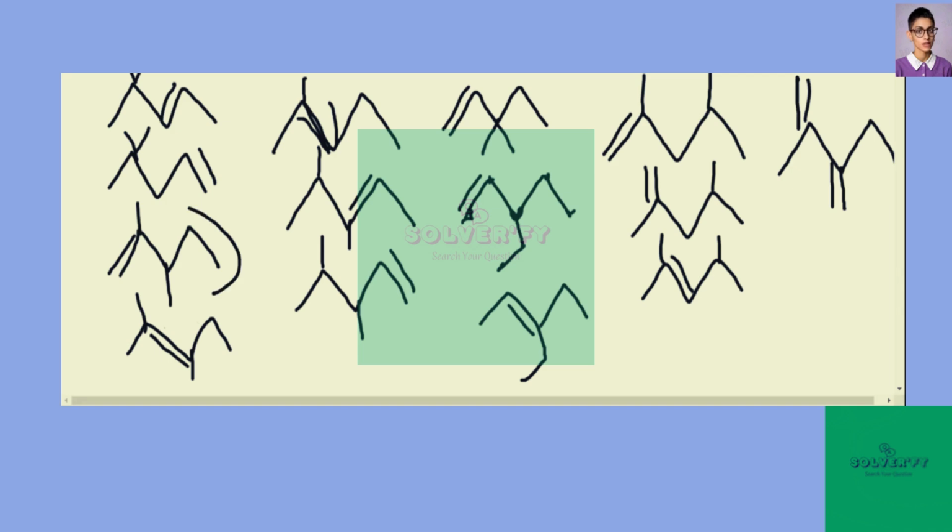We don't want to add a double bond up here because we already drew that over here. So I'm going to erase this. And we have 14 ways to draw a 7-carbon compound with a 5-carbon chain and 1 double bond.